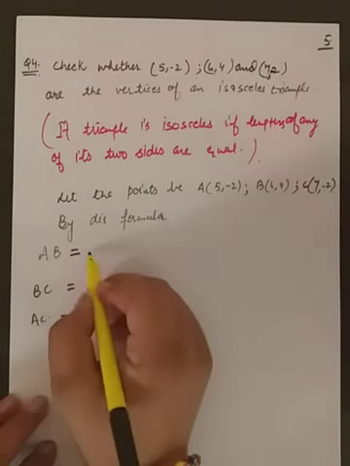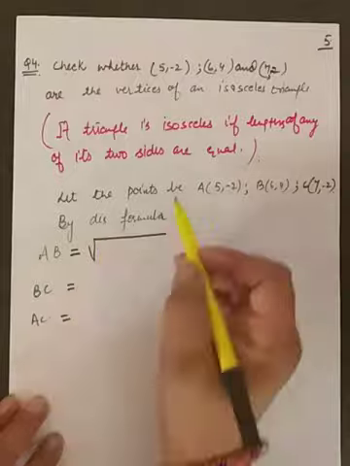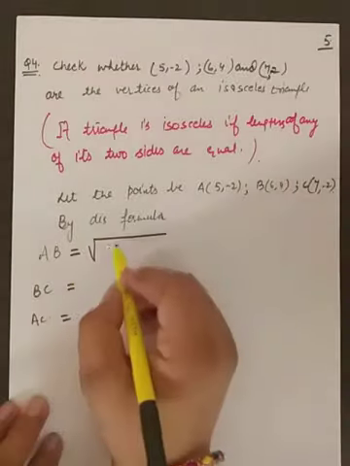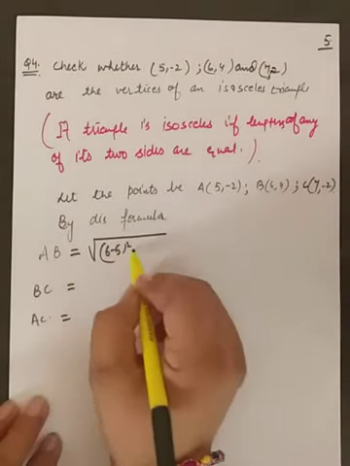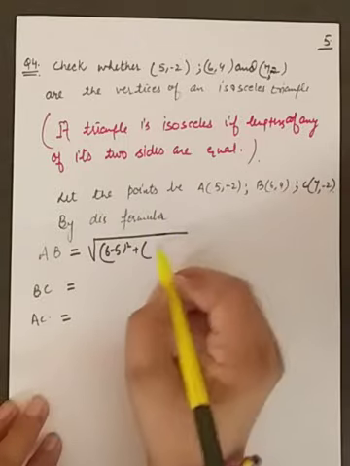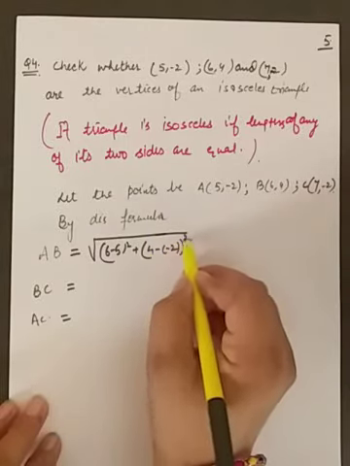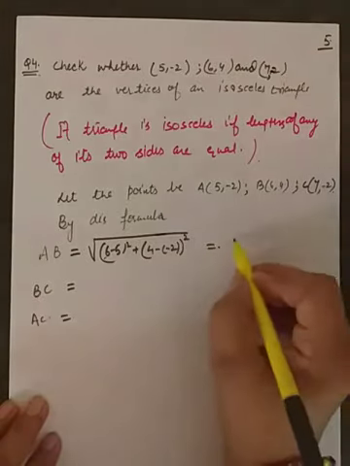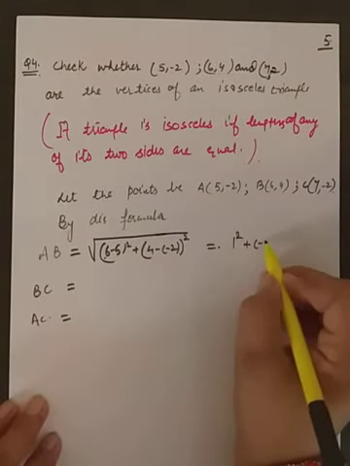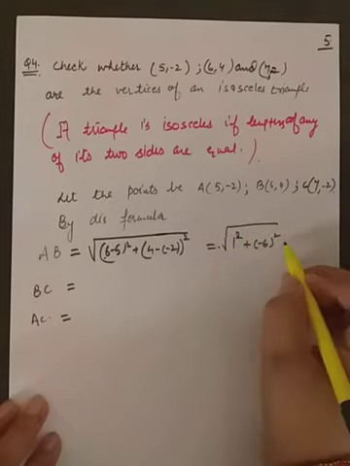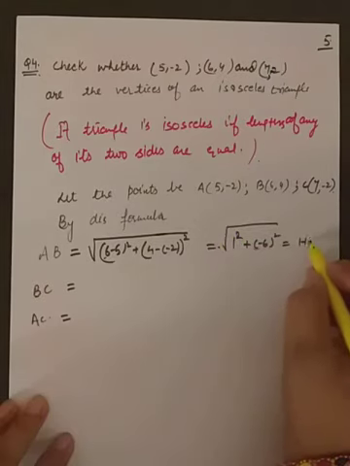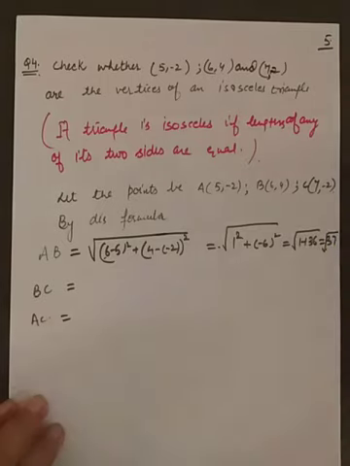So by using the distance formula, AB is the root of (6 minus 5) whole square plus (4 minus 2) whole square, and this gives you 1 square plus 2 square under the root, and you will get 1 plus 4, and this will be root 5.